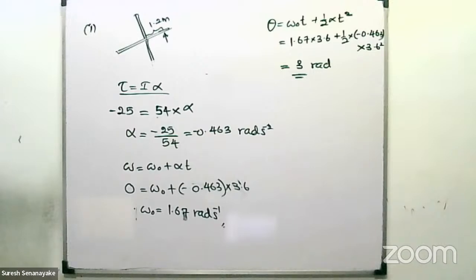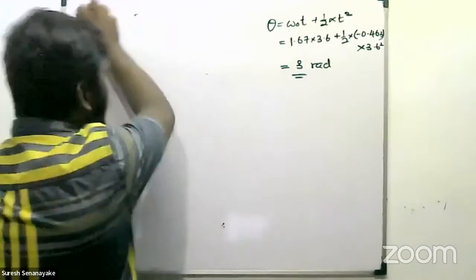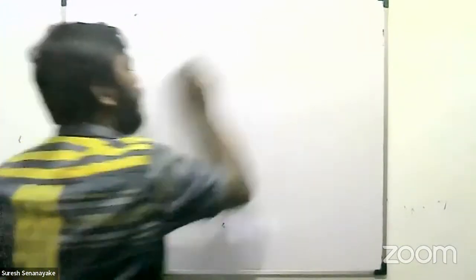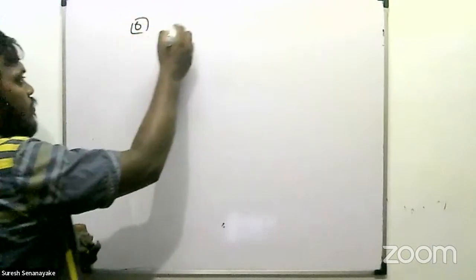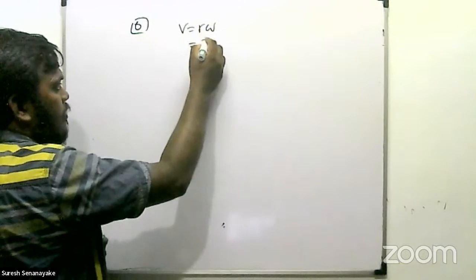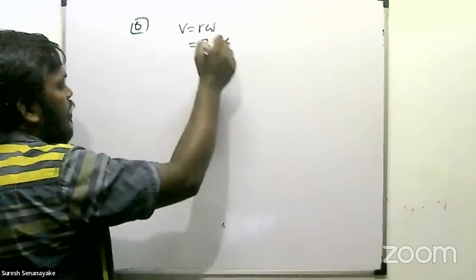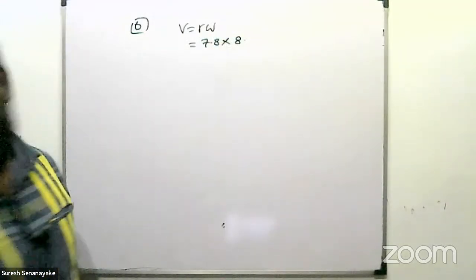V equals R omega, directly you can substitute the values. This is 7.8 meter, that is 8.2.